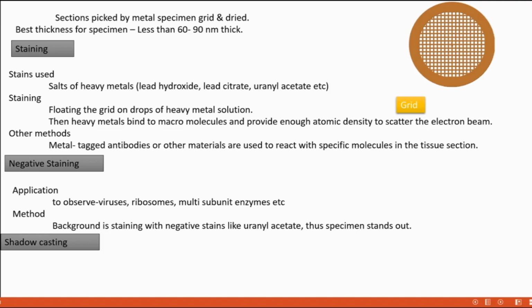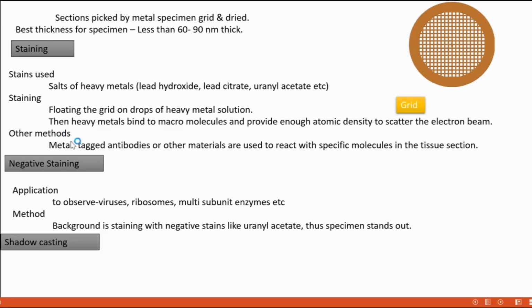Understand? As we pour drops of heavy metal solution over the specimen placed on the grid, the specimen develops enough atomic density to scatter the electron beam for better observation.